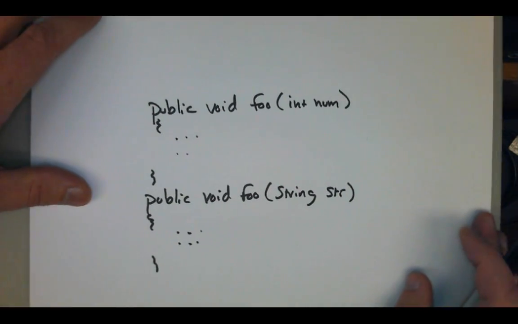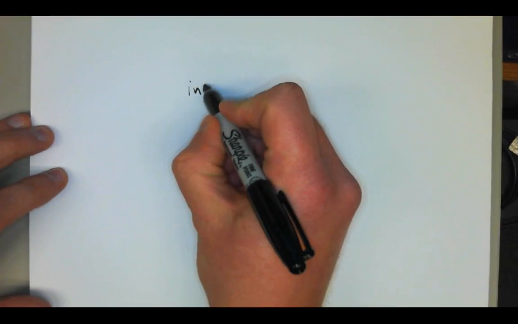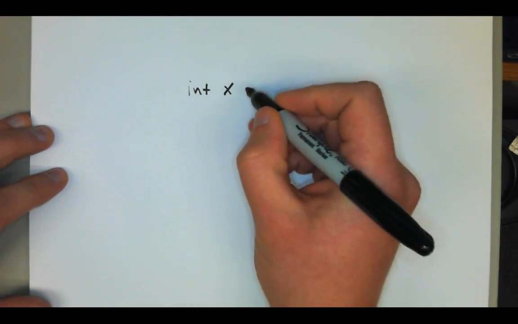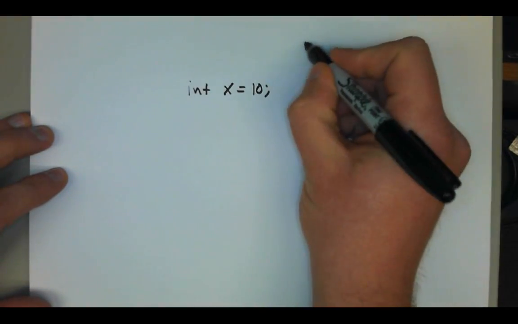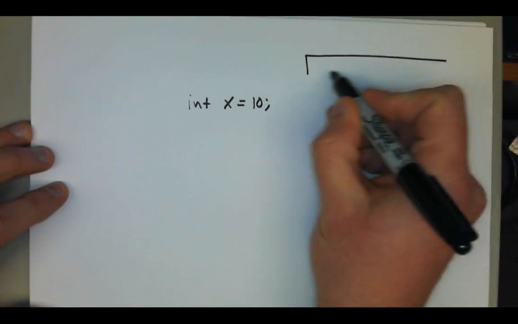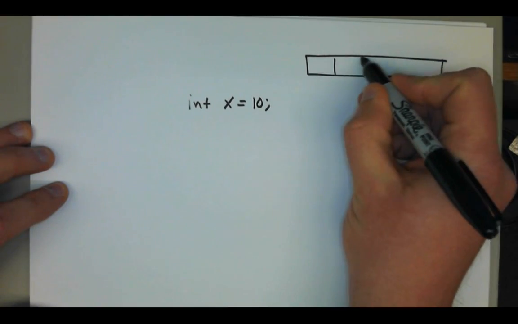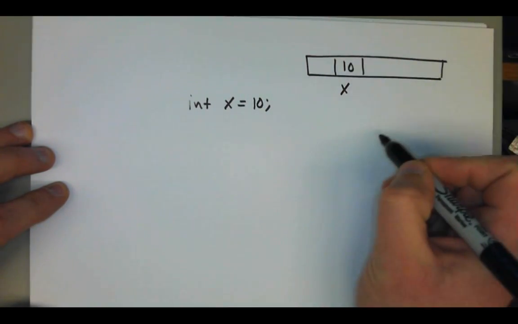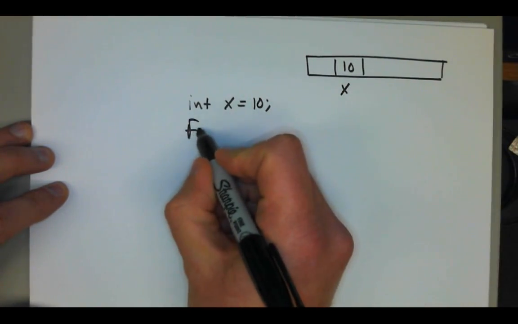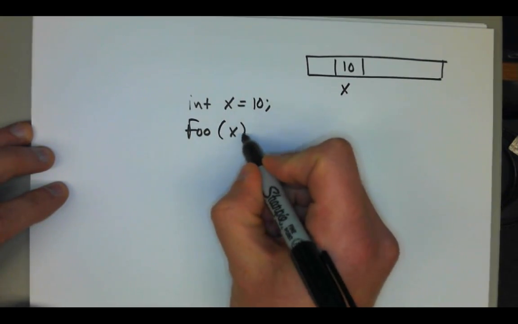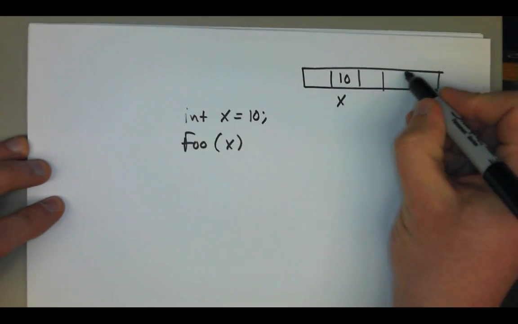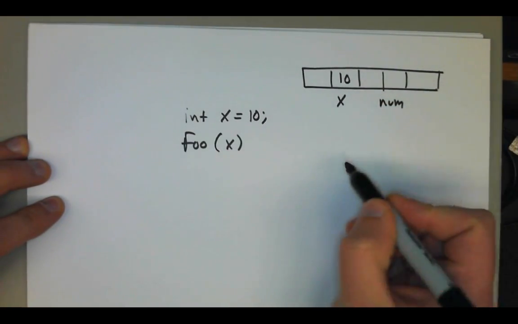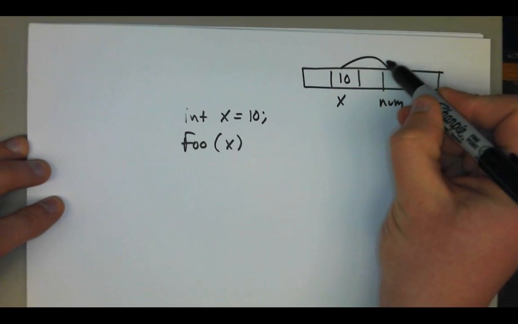Okay, so let me give you an example here with our two foo methods. I might declare this integer called x and set it equal to 10. And if I were to call foo and pass in x, well, pass by value says we're going to make a copy of the argument.